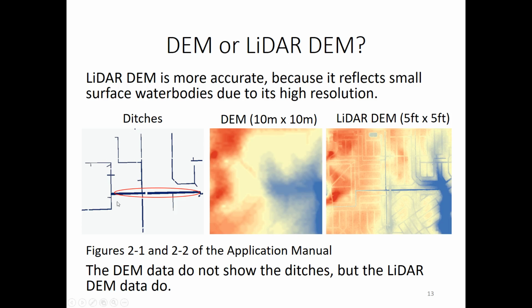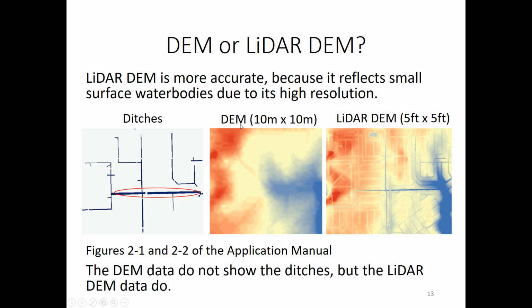For example, this is what we did. This is figures 2-1 and 2-2 of the application manual for ArcGIS, in a neighborhood in the city of Jacksonville. In that neighborhood, they built a ditch for surface drainage, and this is ditch information we got from the city. You see their ditch here. Let's take this ditch as an example.